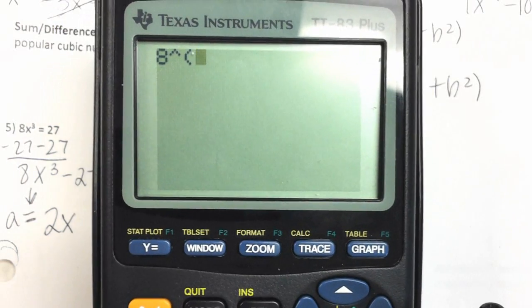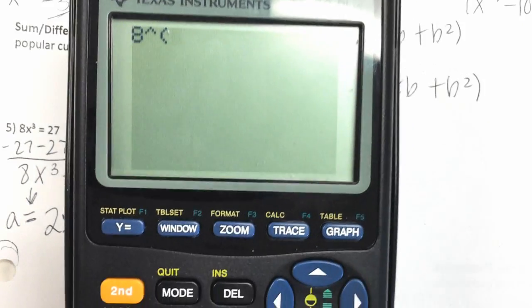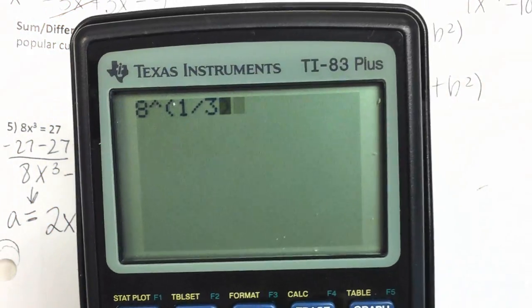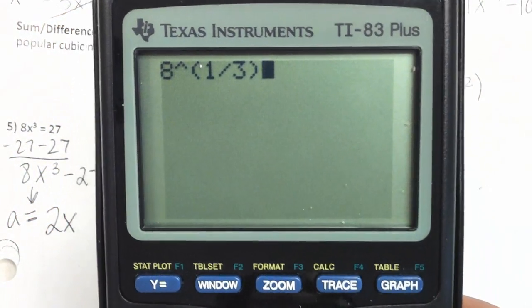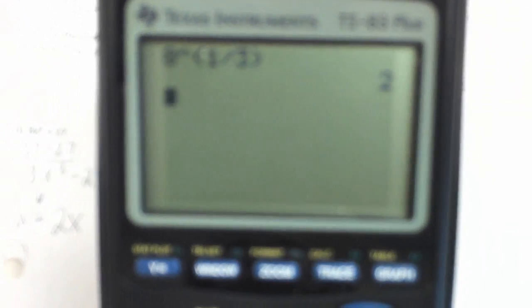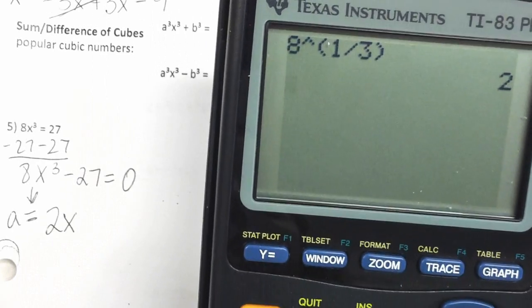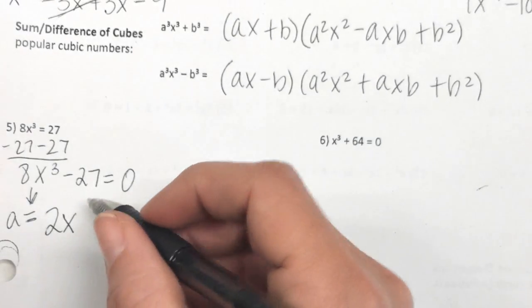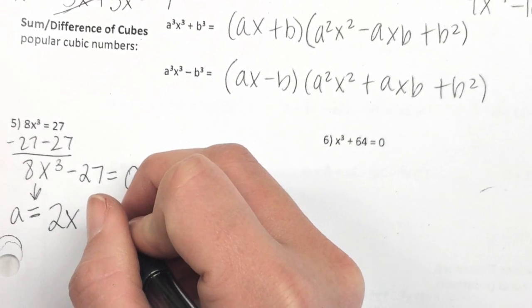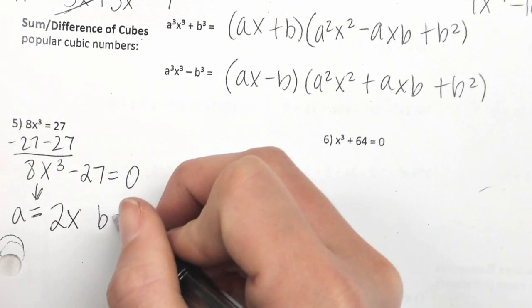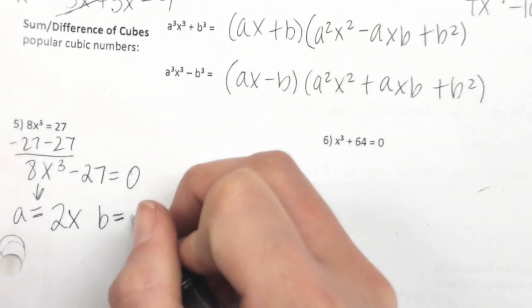And instead of raising it to the third power, you're raising it to the 1/3 power. So you're finding the cube root. So 1 divided by 3, close your parentheses like this, and then hit enter. And it should give you 2. So tell me what the cube root of 27 will be then. Good.